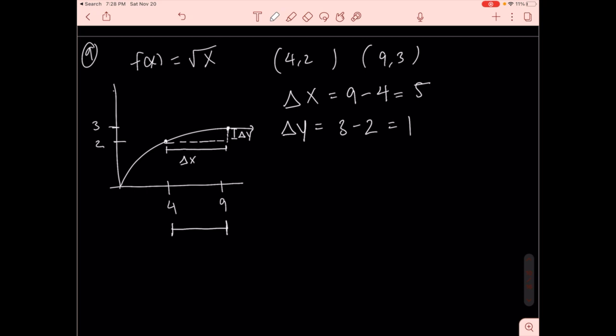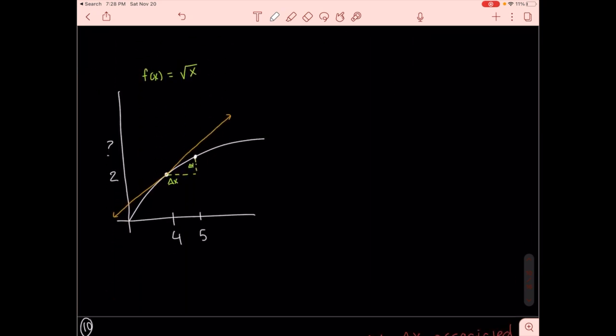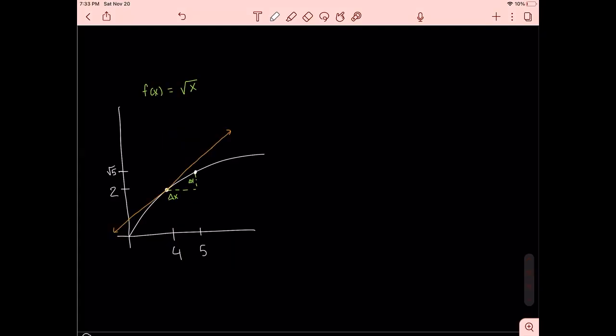But what if, once again, we didn't have a calculator and we had some more gnarly numbers? So I've redrawn this function here, and we've got, once again, the point (4, 2). And now we've also got a different point, which is (5, square root 5).